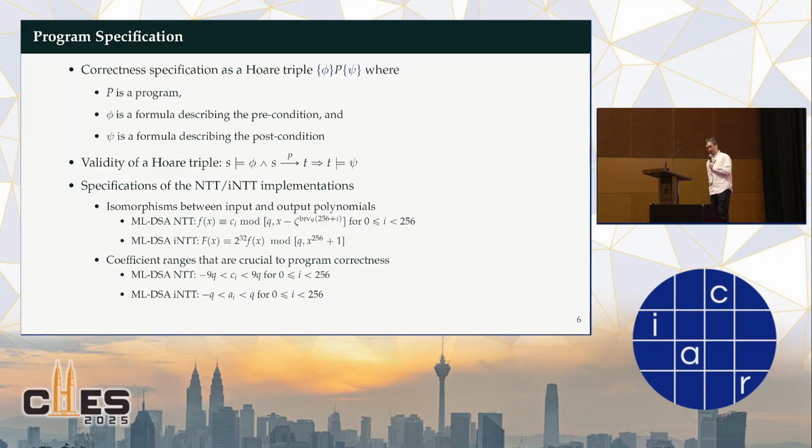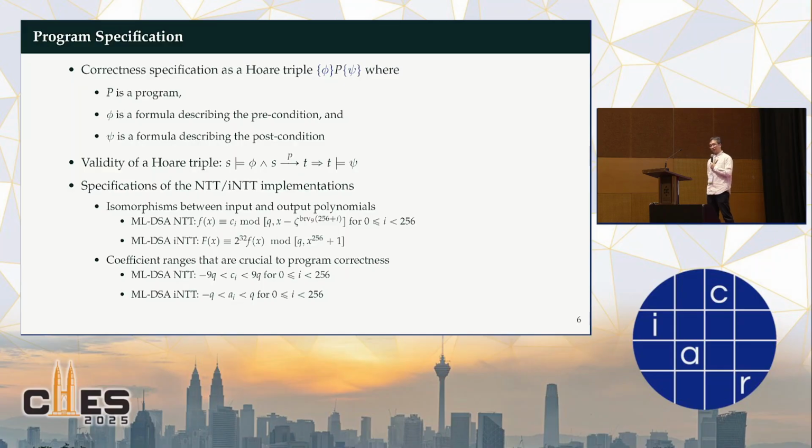For the verified NTT implementations, we specify the isomorphisms between the input and output polynomials as the postconditions, as well as some coefficient ranges that are crucial to program correctness.